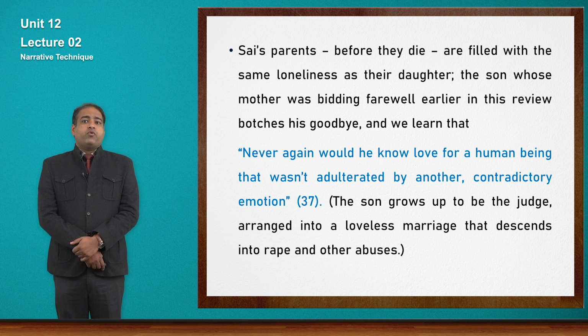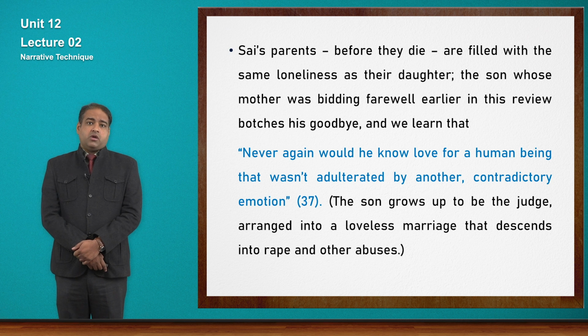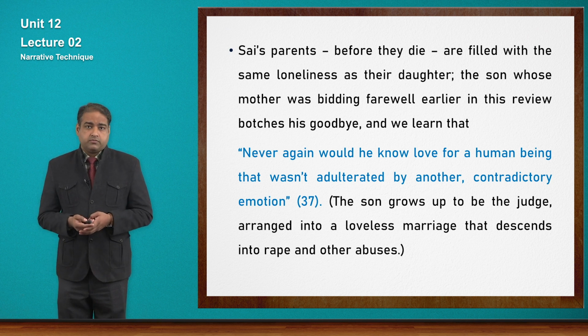Sai's parents, before they die, are filled with the same loneliness as their daughter. The son whose mother was bidding farewell earlier in this review botches his goodbye, and we learn that never again would he know love for a human being that wasn't adulterated by other contradictory emotions. The son grows up to be the judge, arranged into a loveless marriage that descends into rape and other abuses.